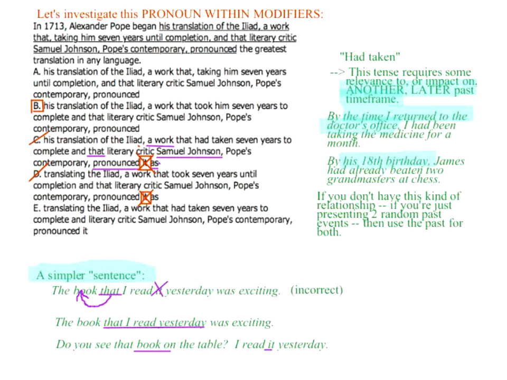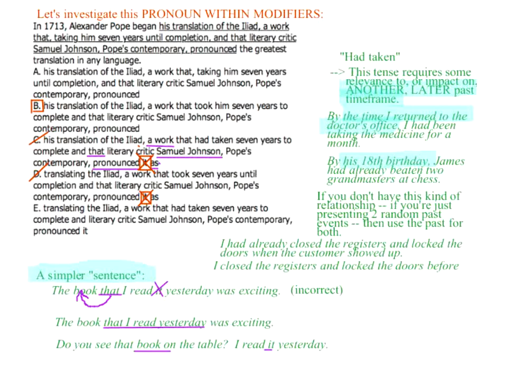So, for instance, if you say, I had already closed the registers and locked the doors when the customer showed up, versus I closed the registers and locked the doors before I went to get a snack.